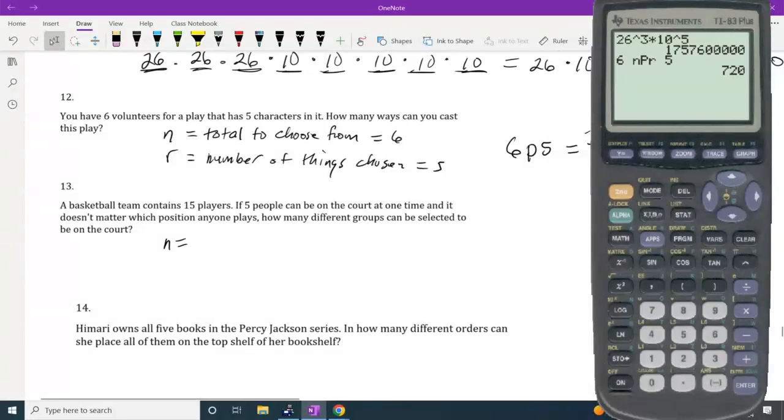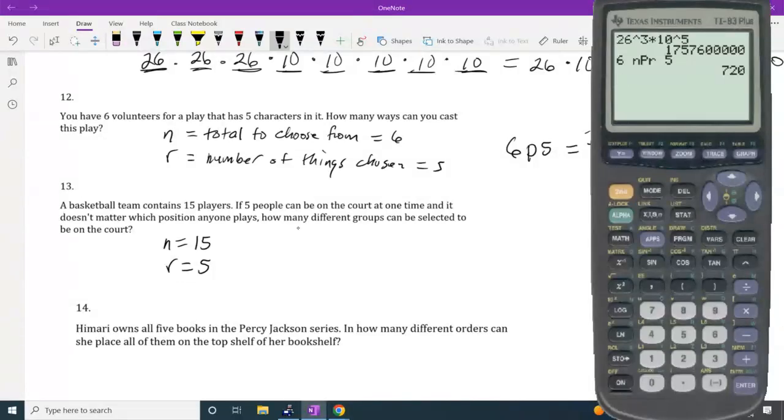So we've deduced this down to a combination. We have to choose a value for n. So n is going to be what for this particular problem? It's going to be the total number of people we can choose from, right? Which is 15. R is going to be the value of people that we actually need. So for this example, we need 5 people to be on the court at one time. So my R value is 5.